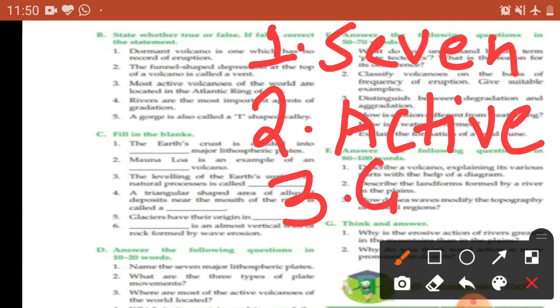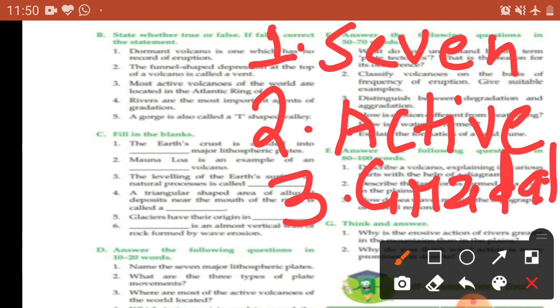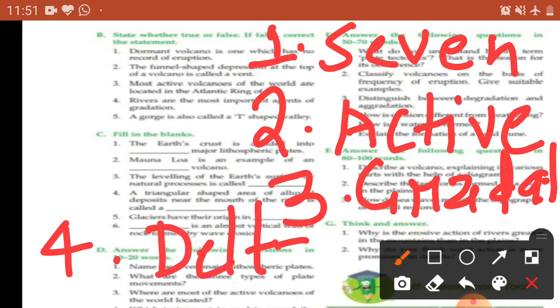Fourth, a triangular-shaped area of alluvial deposits near the mouth of the river is called a delta.